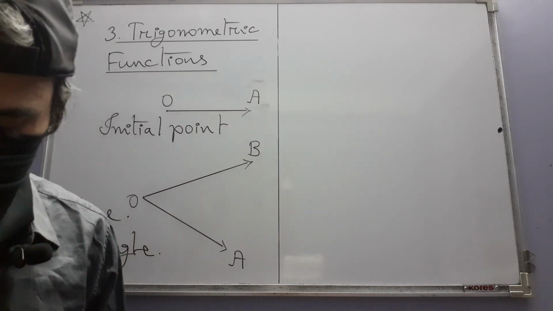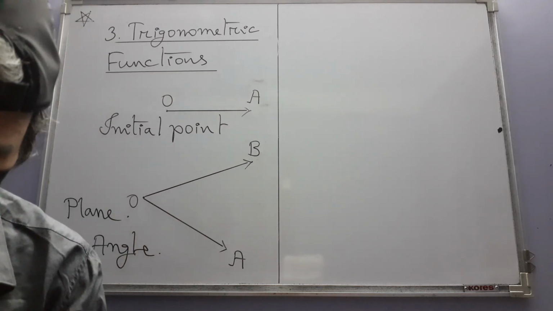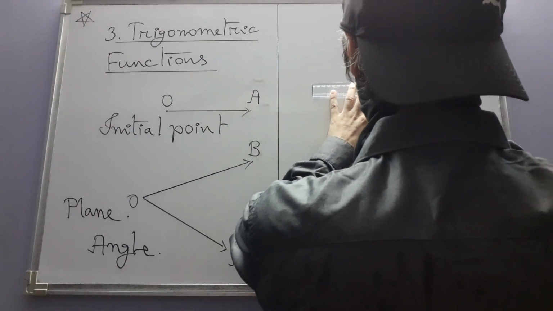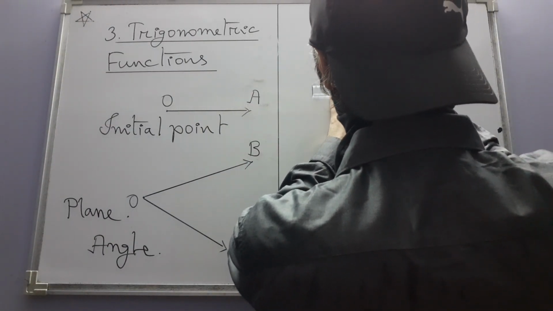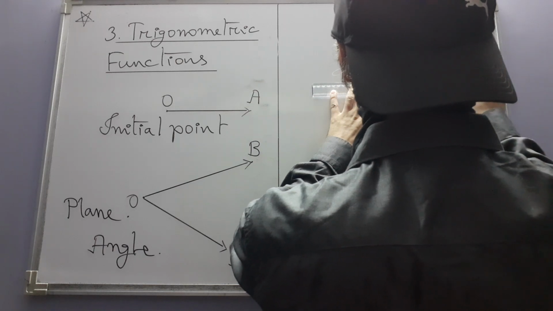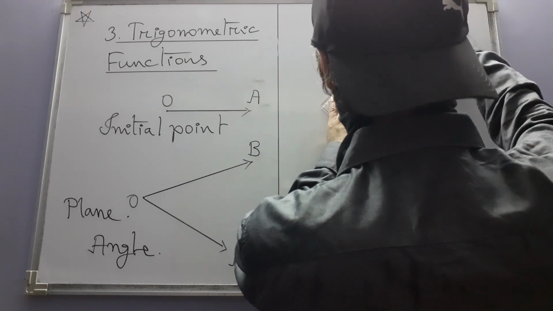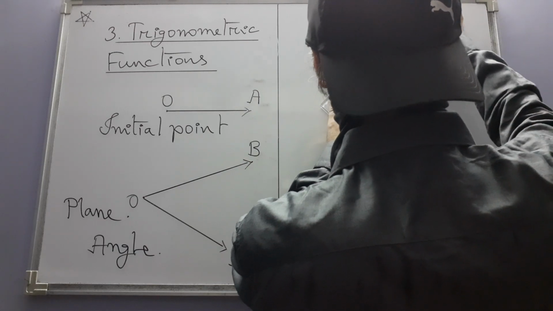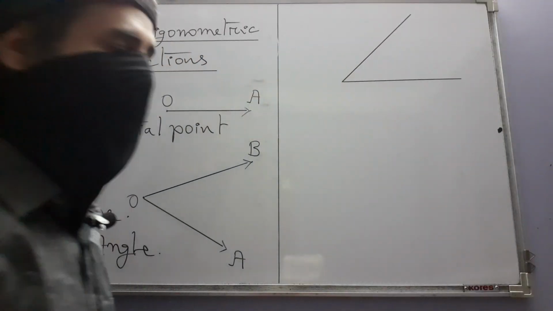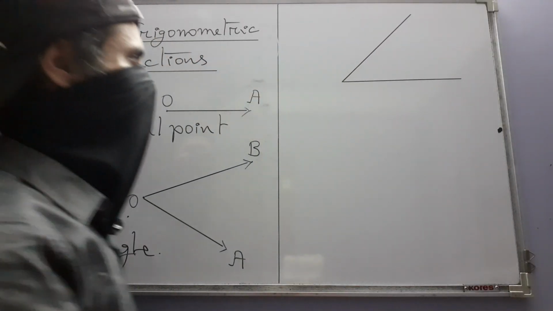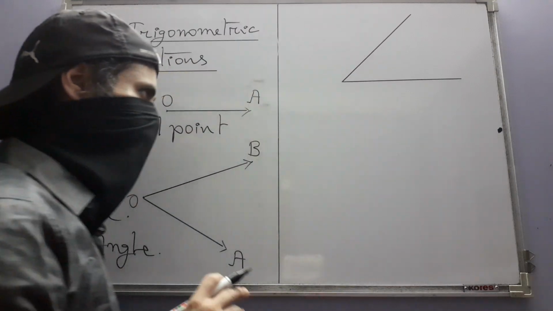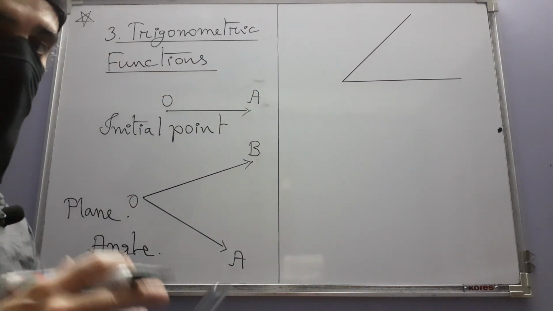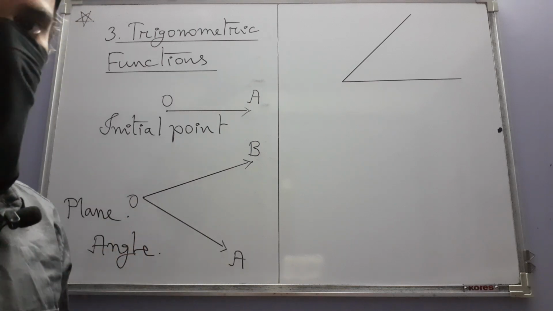Now here's the thing. Say you take a plane angle. For convenience, we take one of the rays horizontal. This is merely a convenience for us, because this is how we normally have seen things in lower standards when the trigonometric ratios were introduced to us.